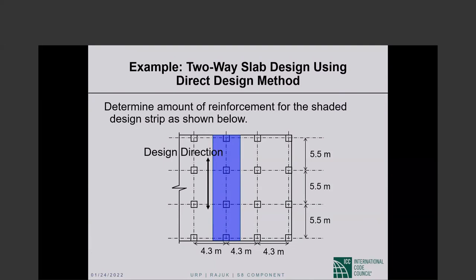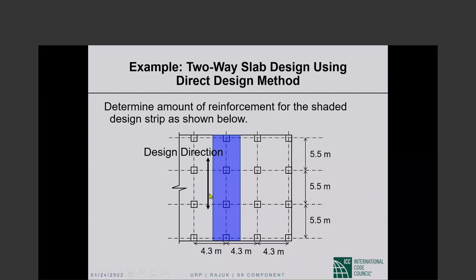So let us spend, I think I have 25 minutes before regulation time, real good quality attention on this example, which I think will drive things home. Okay, so this is a slab column structure, 5.5 meter span in one direction, 4.3 meter span in the orthogonal direction.